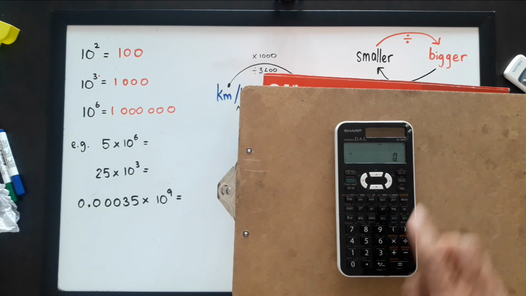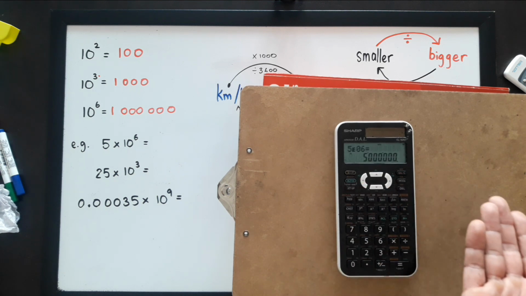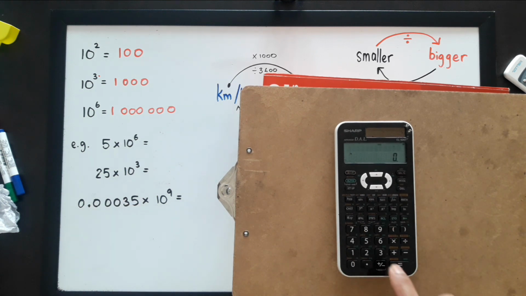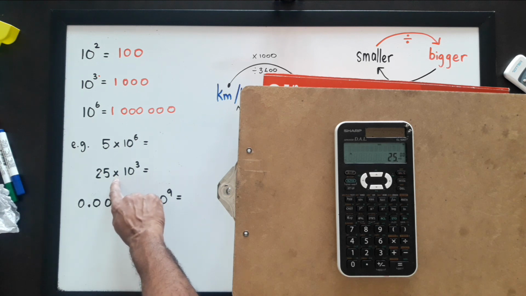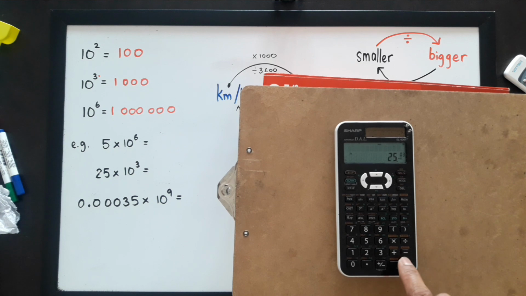So again: 5 EXP, and after I press EXP, I just need to press 6 to indicate the power above the 10, and you press equals, and you will see a 5 with 6 zeros. So let's do this one. 25 EXP. The calculator writes multiply by 10, and it's waiting for you to input the 3. Bam.